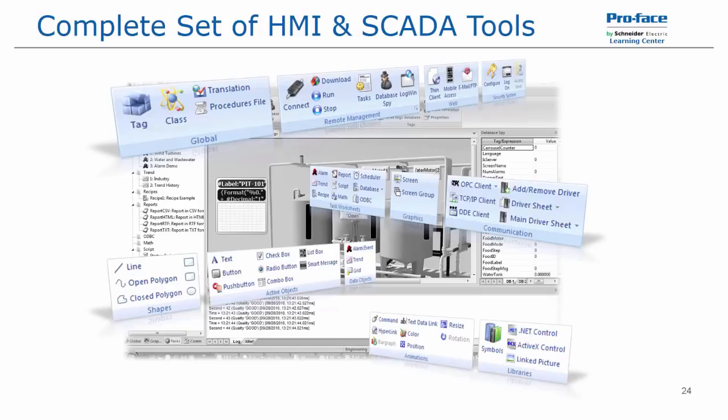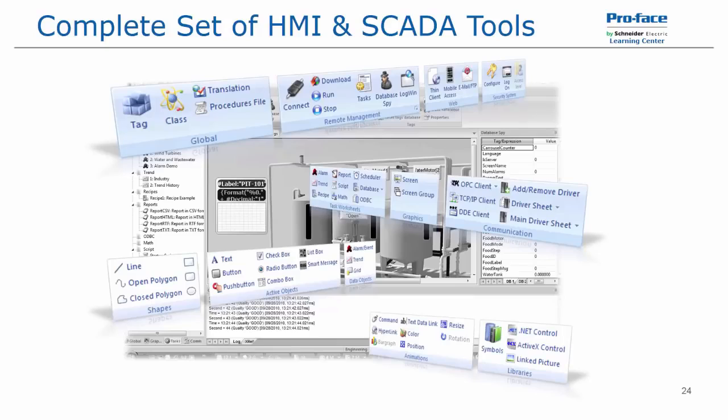For example, say you need to monitor alarms. We can do that via the alarm worksheets. You need to generate reports. We can generate reports through worksheets as well. There's VB script and built-in scripting functions. We have OPC connectivity. We are able to go to databases, to Excel files or Microsoft Access. We're also able to go to several different file types, text files, Word docs, things like that.